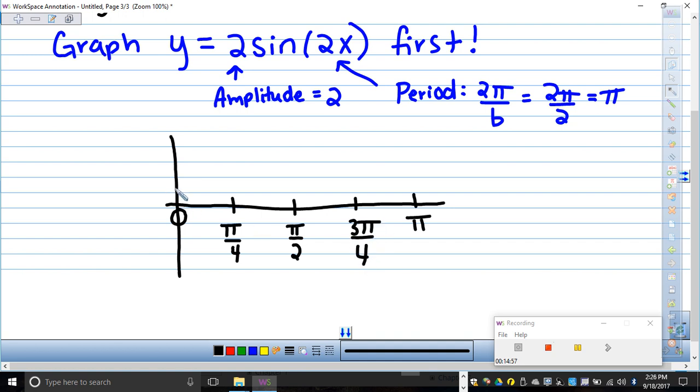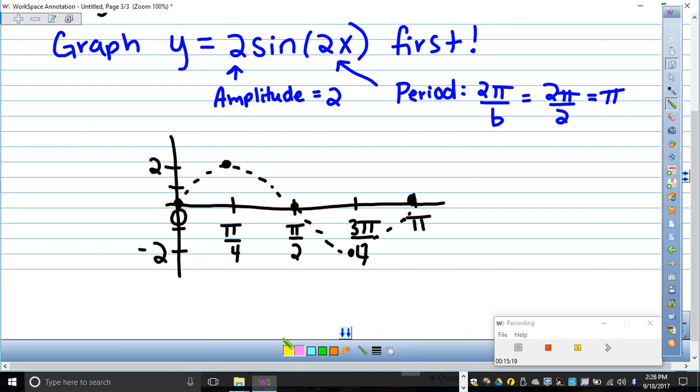On the y-axis, because the amplitude is 2, we want to have that labeled up to 2 and down to negative 2. So thinking about our 5 key points for sine, we've got x-intercept, maximum, x-intercept, minimum, x-intercept. Let's do that with a dotted line. Okay, once we have that, we are going to locate where the x-intercepts are.